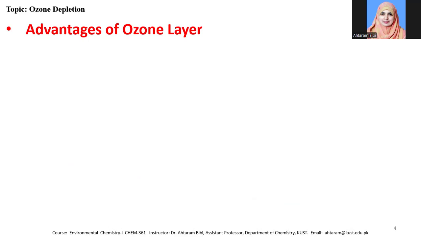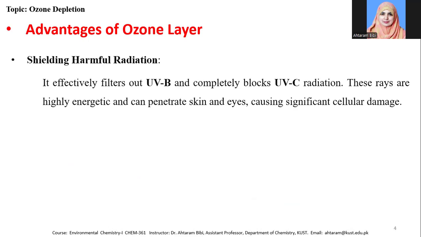So, what are the advantages of the ozone layer? First of all, it acts as a shield against harmful radiation. It effectively filters out UVB and completely blocks UVC radiation. UVC radiation has a shorter wavelength and very high energy, and UVB is also high energy radiation, which can cause different types of diseases in humans, including skin cancer, eye irritation, and cellular damage.